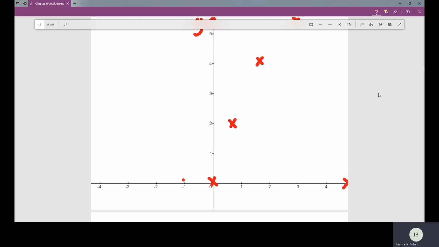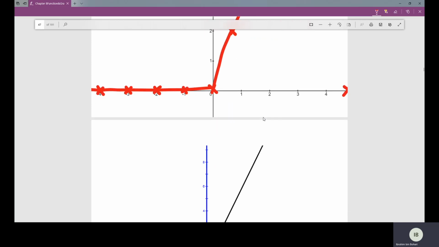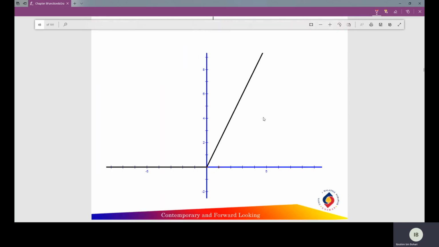So the first values here are (-1, 0), (-2, 0), (-3, 0), and (-4, 0). So you draw the horizontal line from negative infinity to x equal to 0. And then the first function here f(x) equals 2x. Okay, settle.